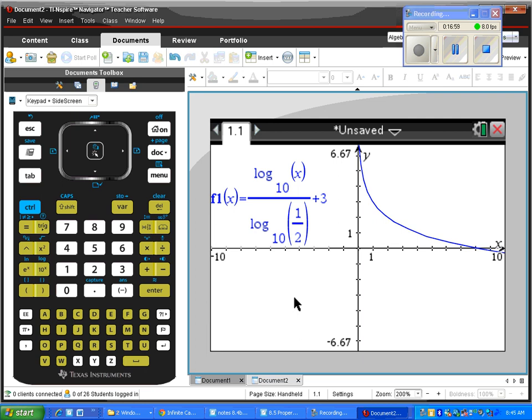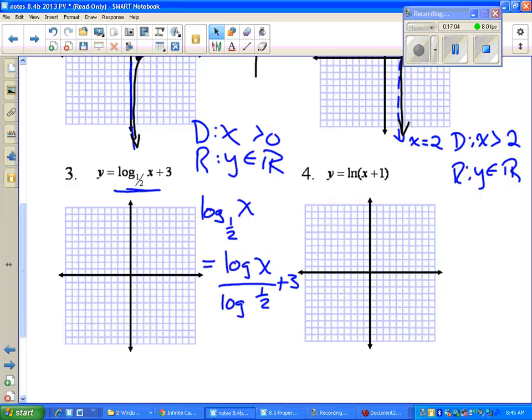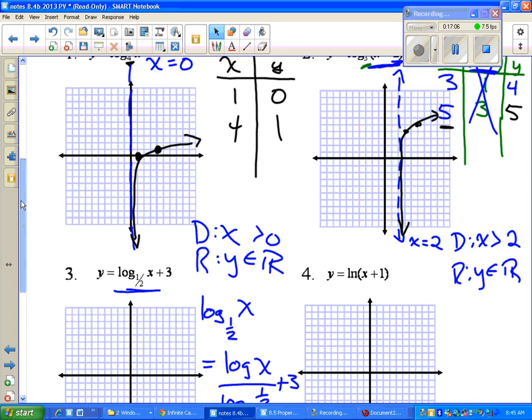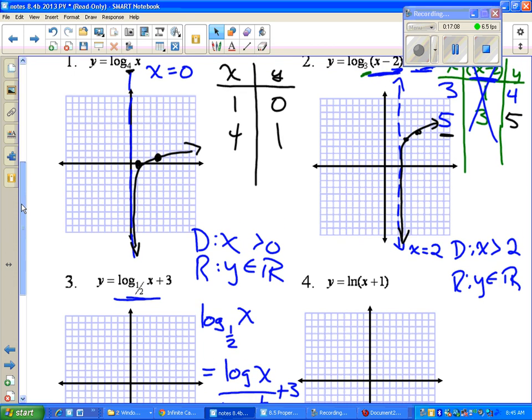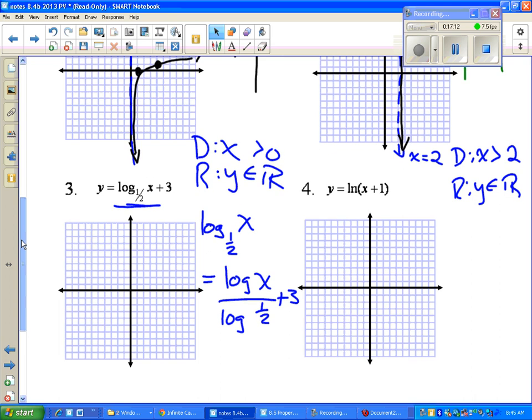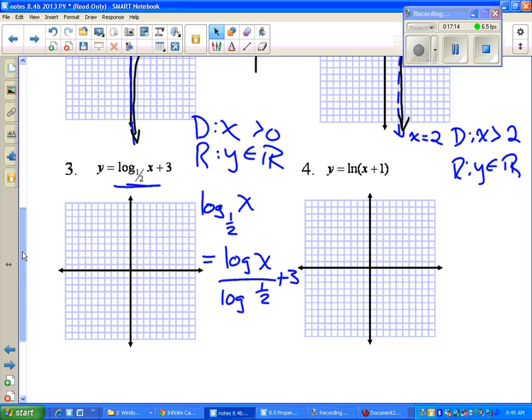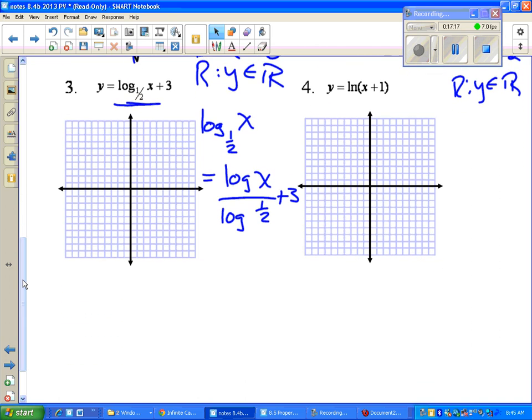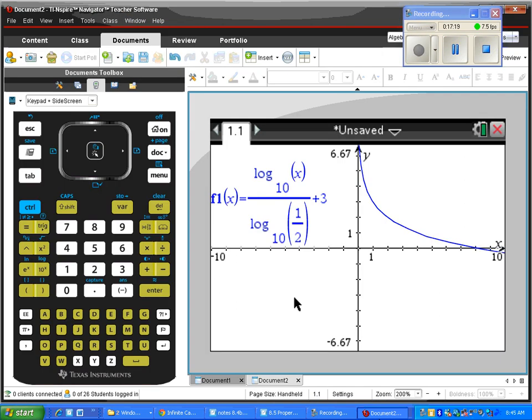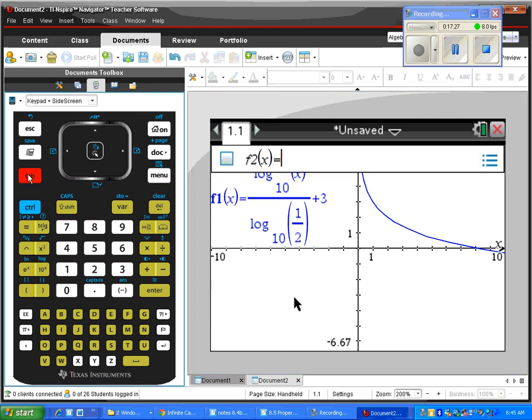What did I do wrong? Okay. How do you check this? Let's see, where is my mistake? Because something doesn't look right to me.